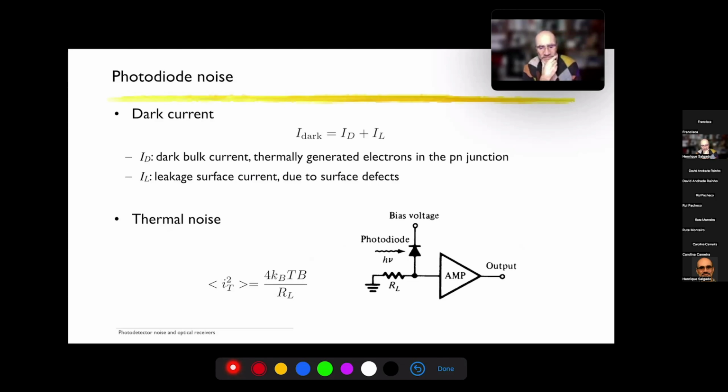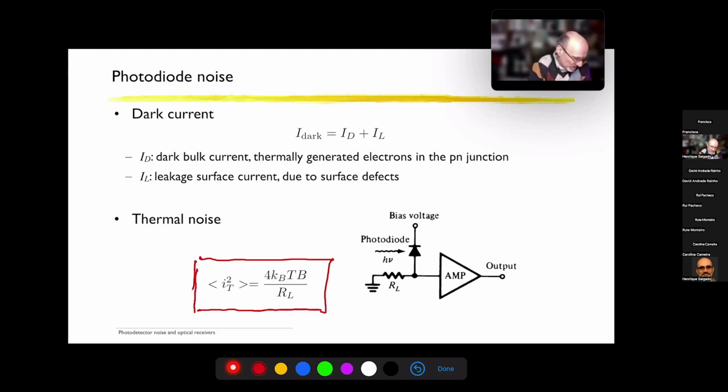In terms of thermal noise, we're going to use this expression to quantify the thermal noise power, or the power associated with thermal noise, corresponding to a resistance that is used at the photodetector to bias the receiver.